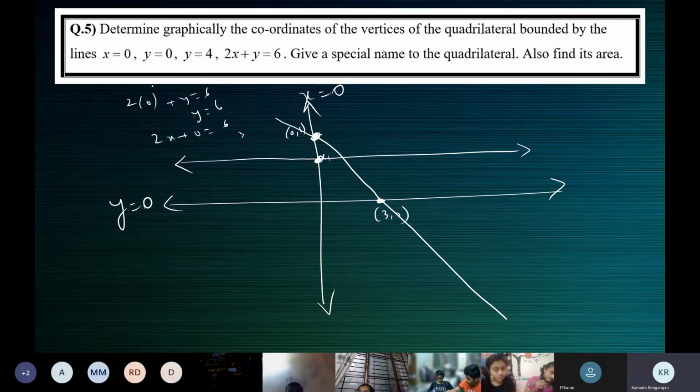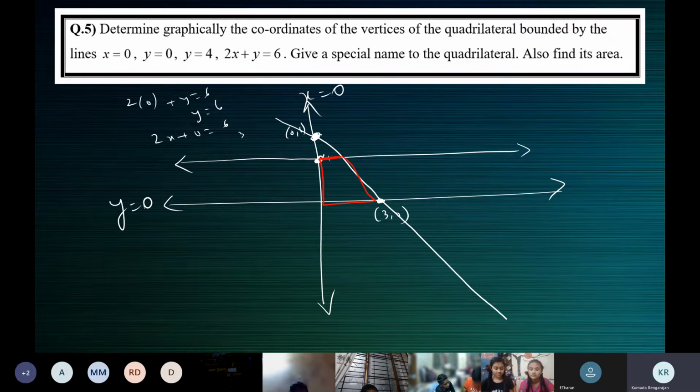So this is the quadrilateral. Which is the quadrilateral? See, this is y is equal to 4. This is 2x plus y is equal to 6. This is y is equal to 0. And this is x is equal to 0. All the 4 lines, each line should supply a line segment. Quadrilateral, 4 sides.